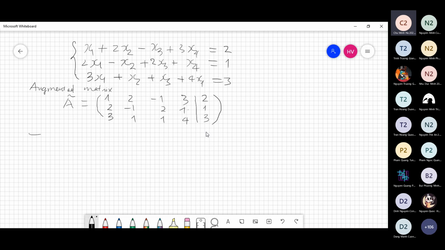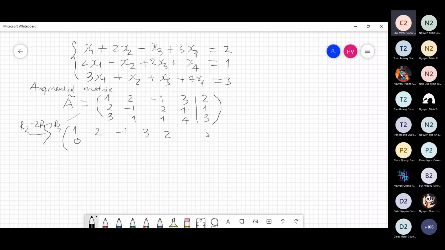Good. Now do the row operation to eliminate this 0 here, 0 here, 0 here. To eliminate this 0, you should do row 2 minus 2 row 1, replacing row 2. So the first row is the pivot, so keep this unchanged.